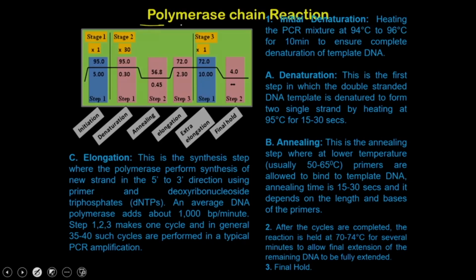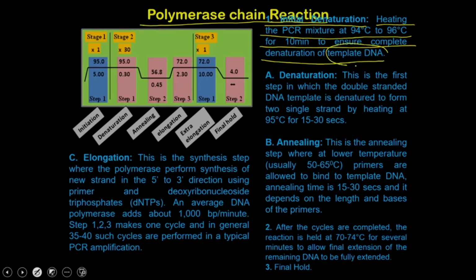The polymerase chain reaction requires 4 events. If you set up the polymerase chain reaction, you require the initial denaturation, which means you have to heat the PCR mixture at 94 to 96 degrees for 10 minutes to completely denature the template DNA.